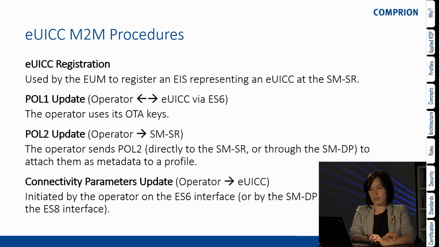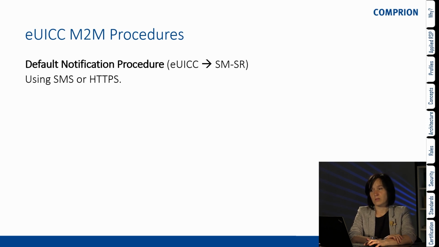Connectivity parameter updates. Okay, there are always some parameters to establish connectivity. And this one will be updated between the operator and the eUICC. Yes, and this is initiated by the operator on the ES6 interface or by the SM-DP using the SCP, a specific cryptographic protocol, SCP03, on the ES8 interface. Yes, notifications.